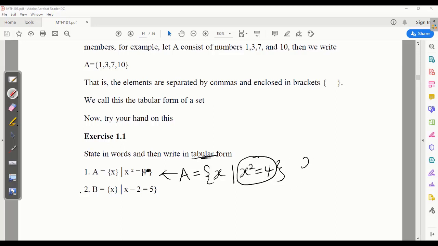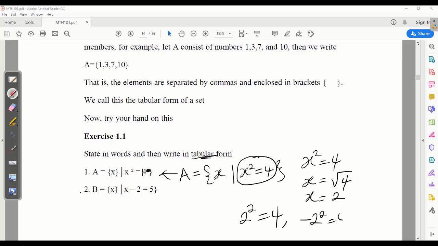So what we have is x squared is equal to 4. We have x is equal to square root of 4. X is equal to 2. So meaning, what values can you put into x such that if you square those values, you get 4? If I say 2 squared, I'll have 4, right? Same also if I say minus 2 squared, I'll have 4.